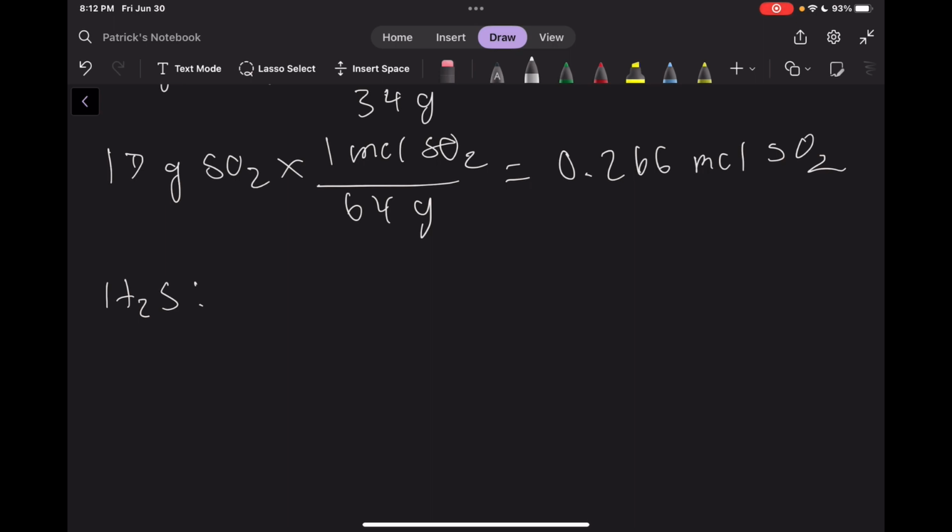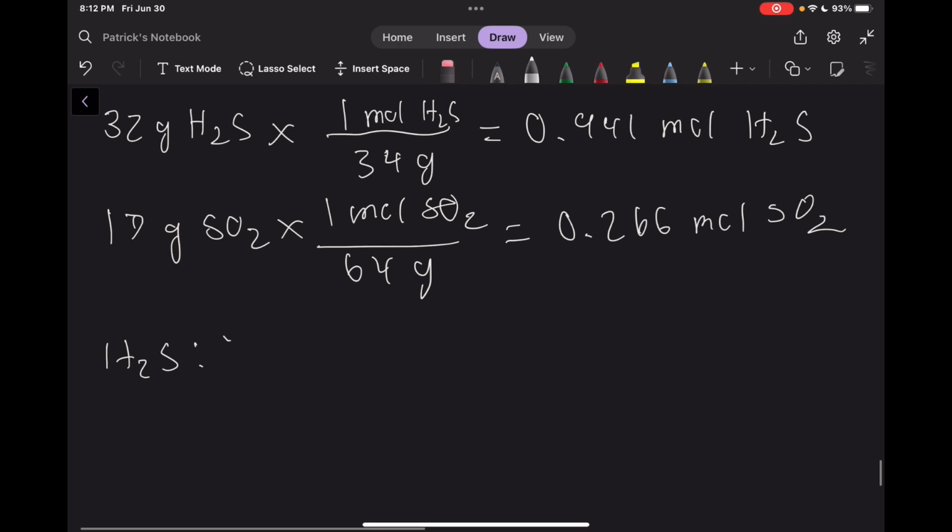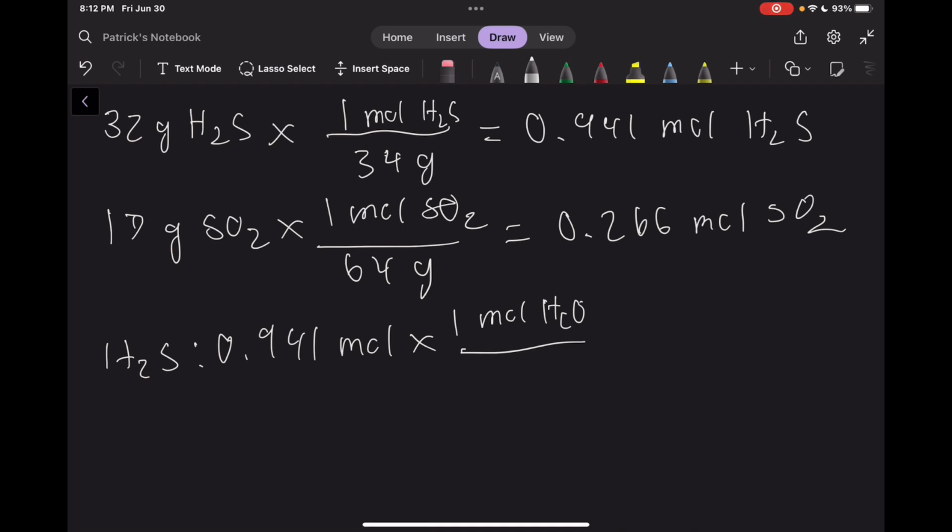So hydrogen sulfide produces 0.941 moles of water.